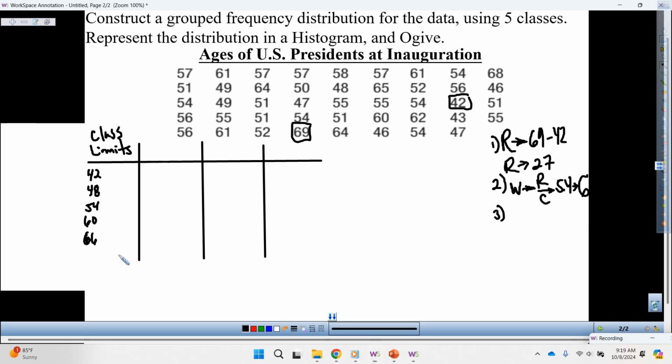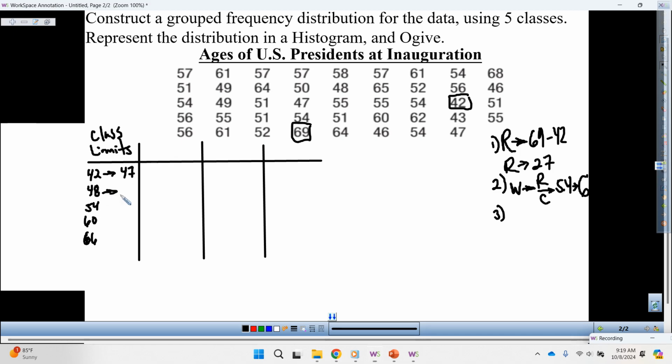All right. Now, let's complete the class limits. Show your neighbor what you're going to do to complete the class limits. Hannah's going to pass someone. Julius. Class 1 is 42 to what? To 47.